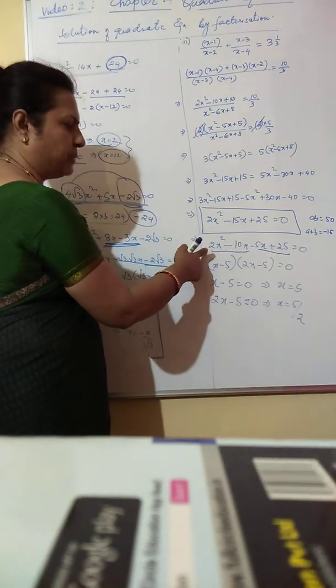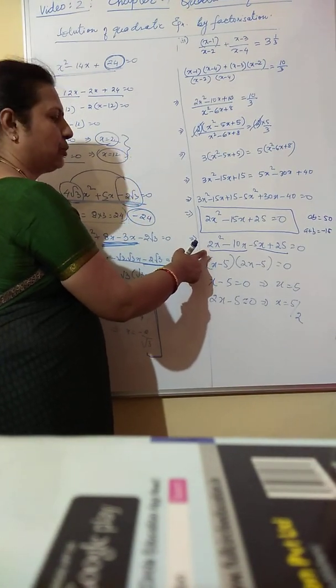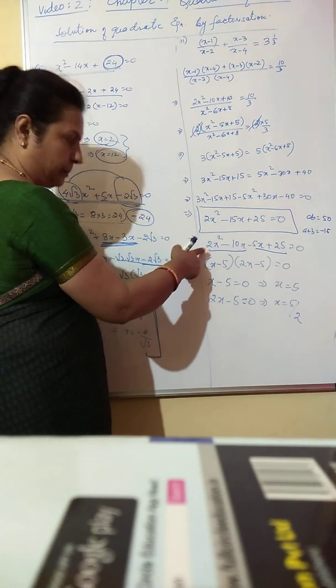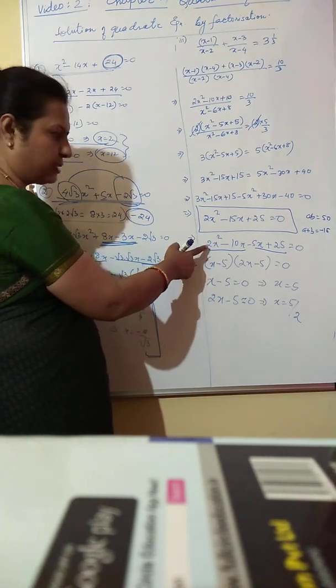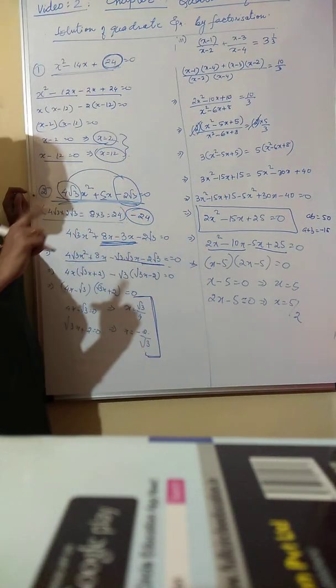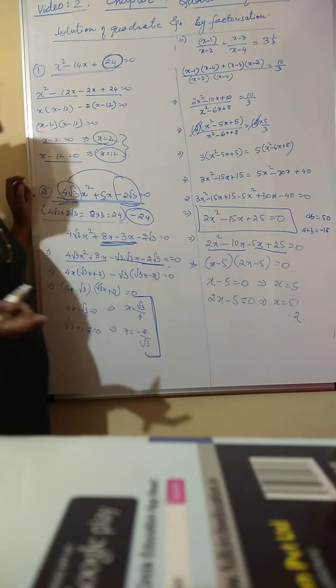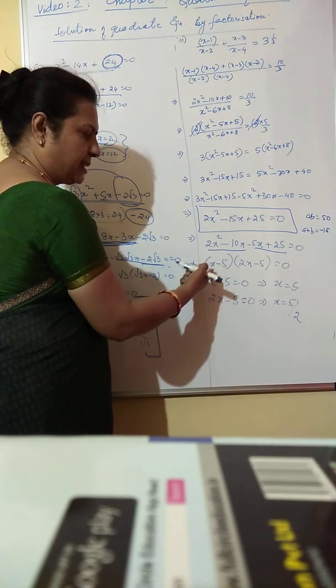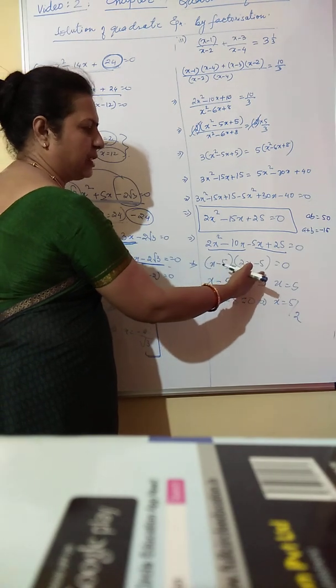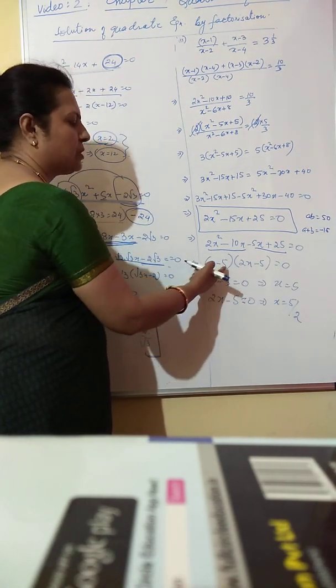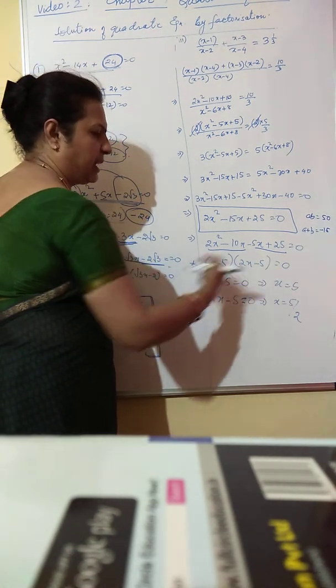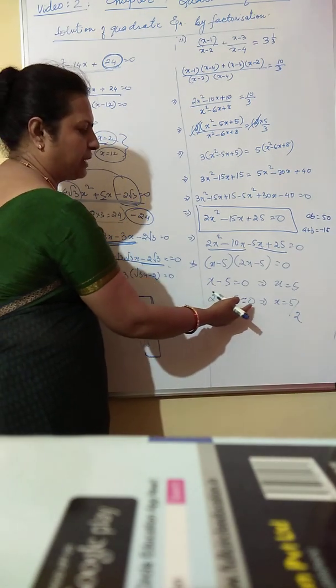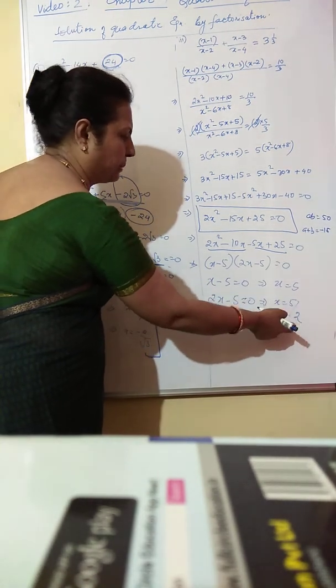So here also you observe that the coefficient of x square is not 1. Now if the coefficient of x square is not 1, I told you that we may get fractions or real numbers as the roots. So the factors that I get are x minus 5 and 2x minus 5 equal to 0. So x minus 5 equal to 0 implies x equal to 5, 2x minus 5 equal to 0 implies x equal to 5 by 2.